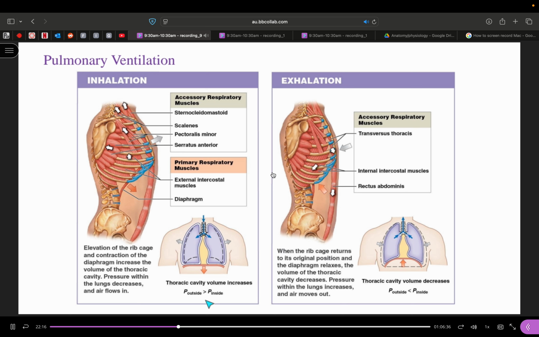The pressure will then decrease, allowing a lot of that gas to come in. Then when we exhale, it's the exact opposite. The diaphragm moves up, puts pressure on the lungs, and basically spits the air out in the process of doing that. It's almost like an accordion, where it's opening and shutting.